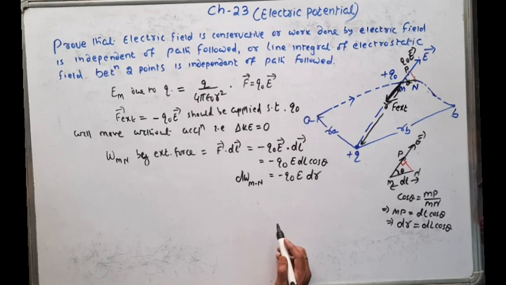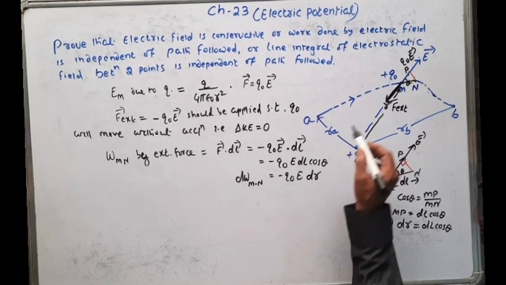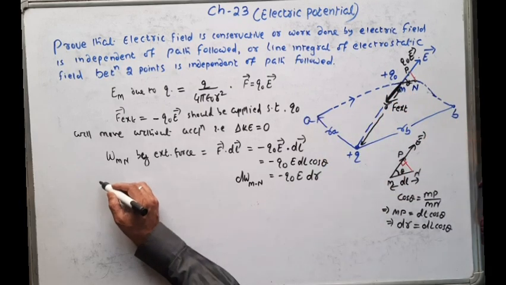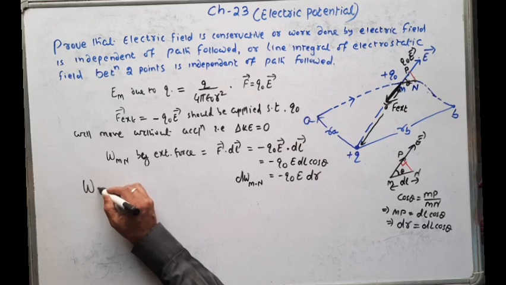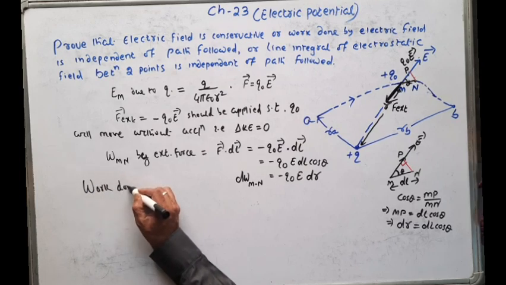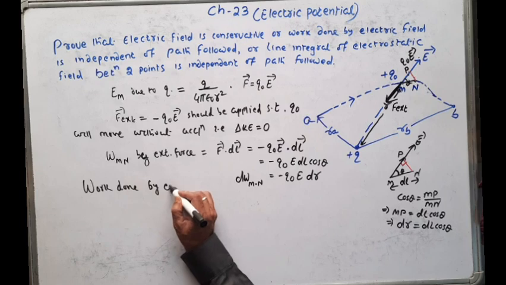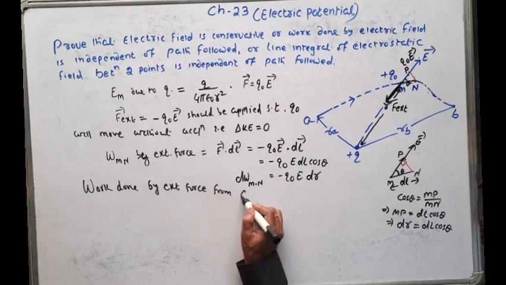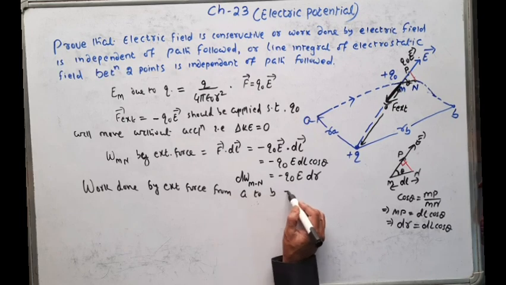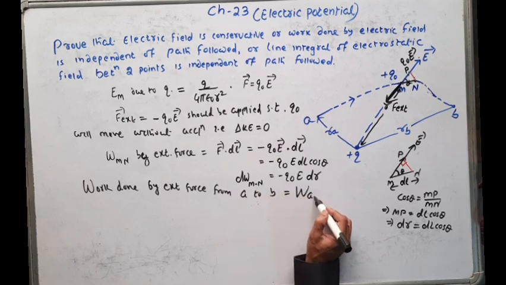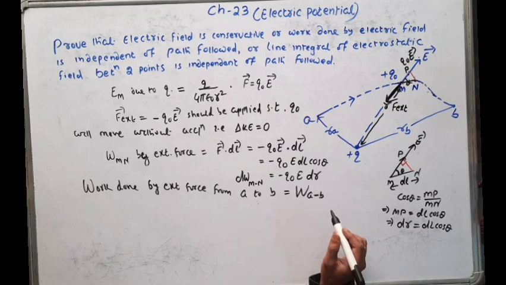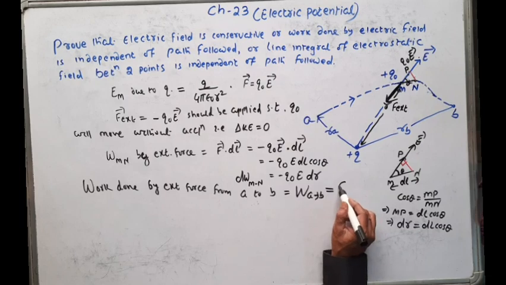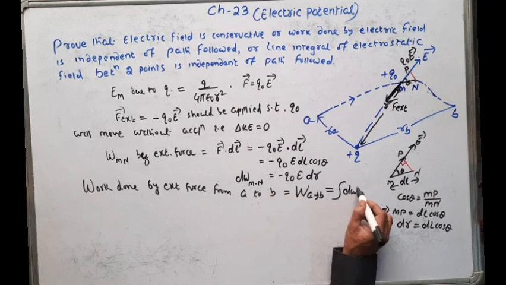But we have to find the total work done by moving this plus Q naught charge from A to B point. So the work done by the external force from A point to B point, I can write it as W A to B. This work done is nothing but the integration of dW.